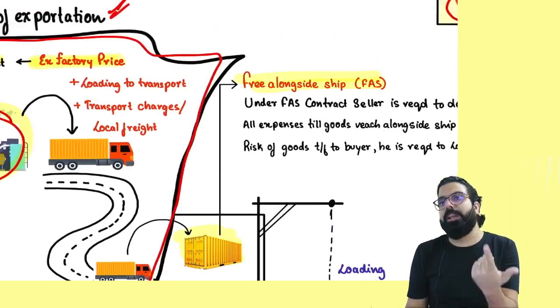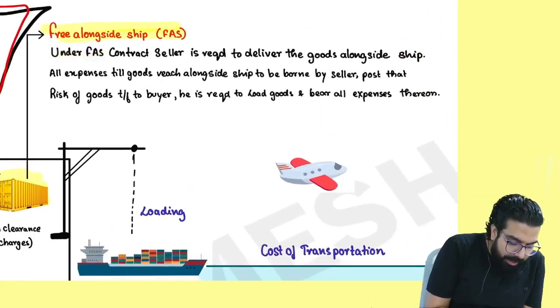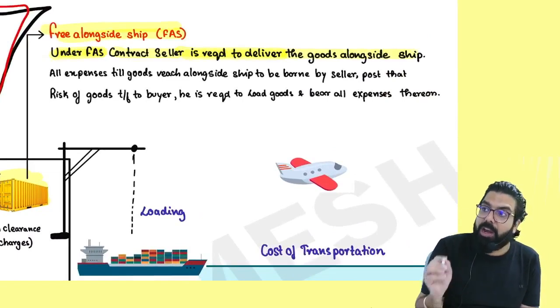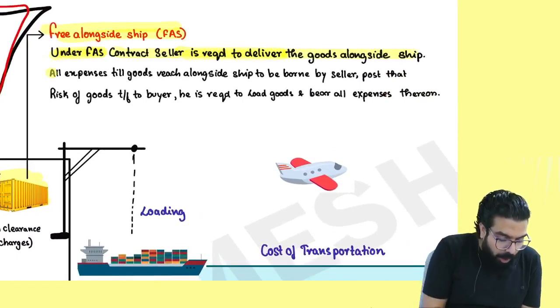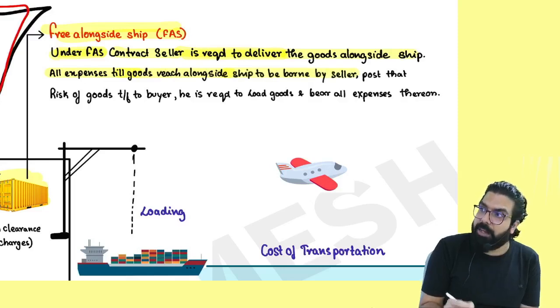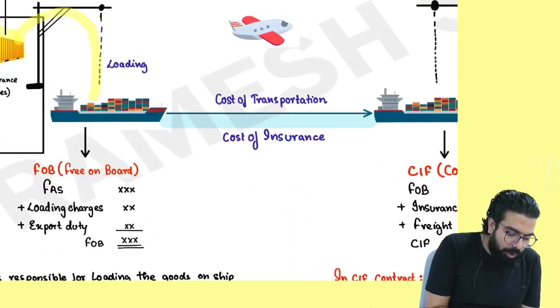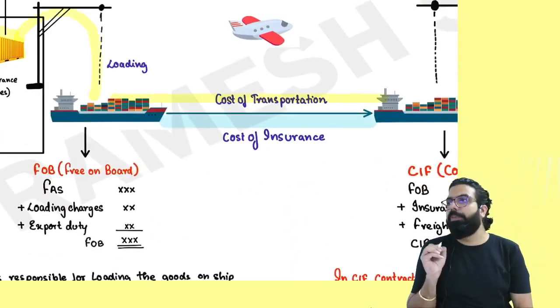Free alongside ship means what? Under an FAS contract, the seller is required to deliver the goods alongside the ship. All the expenses till the goods reach alongside the ship are borne by the seller. After that, the risk of the goods is transferred to the buyer. Now the buyer will have to load it and take the goods to India.